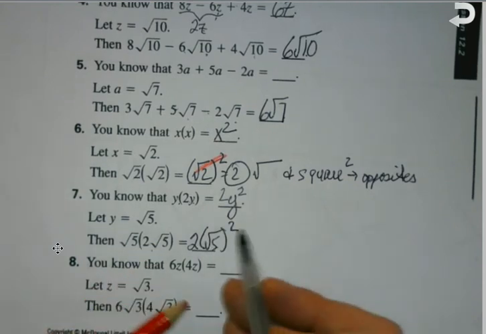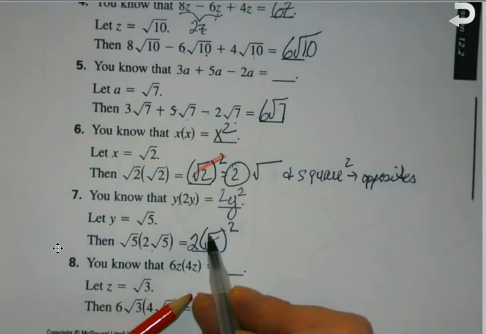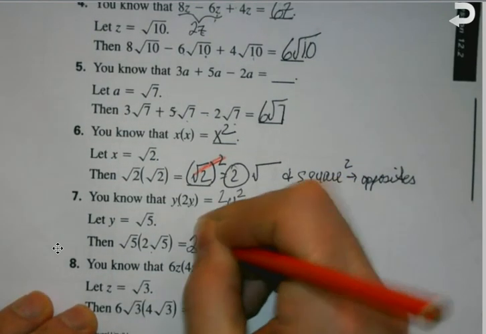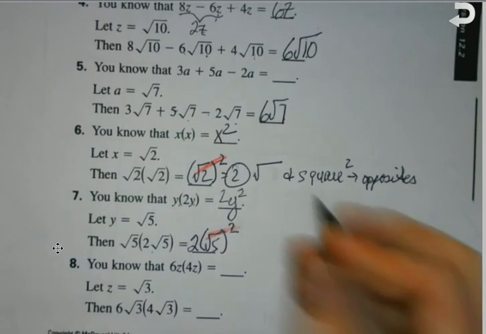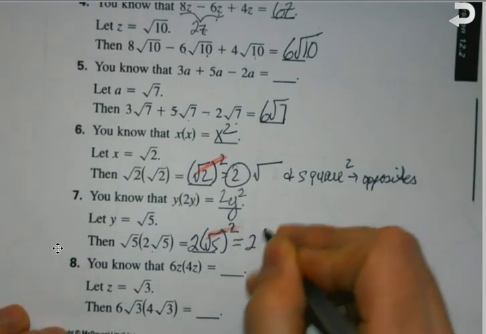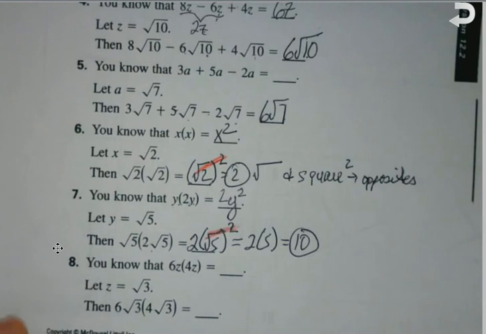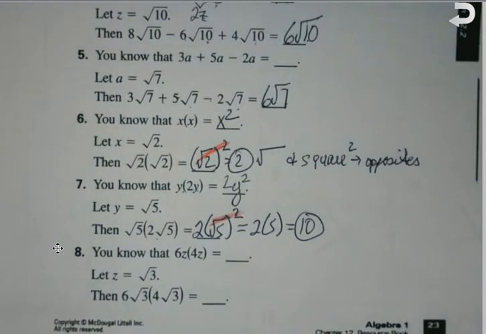So every time I see squared and square root, they're opposites, right? And they wipe each other out. So this is just 2 times 5. So you start to notice this is really just like playing around with variables, except now I just get this kind of funky number working, okay?